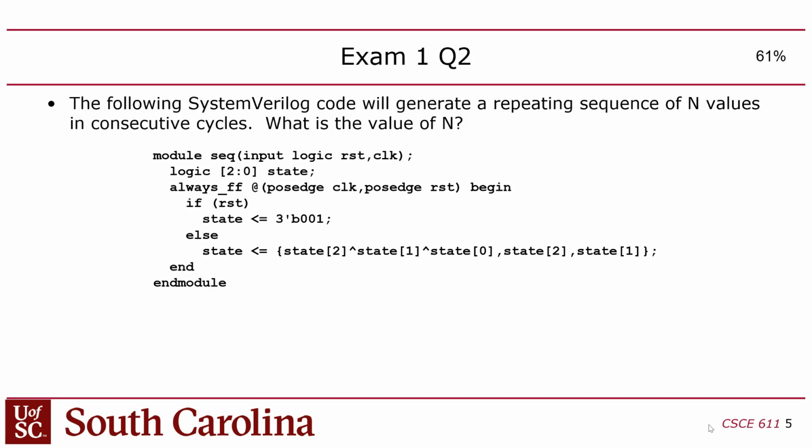You see that? So state 0 goes away, it gets shifted off the right-hand side. We have state 2 and state 1. So that 1 goes away, and that 0, 0 shift down. Right? And then the most significant bit becomes the XOR of state 2, 1, and 0, the old state 2, 1, and 0. So you got to go up.